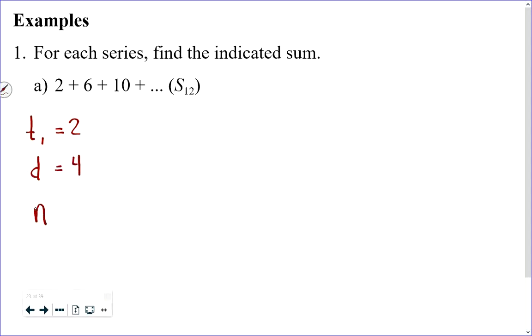And we know n is 12 because we're trying to add 12 terms together. So the question is this: could we use this formula, Sn equals n over 2 times t1 plus tn? Well, no. Not without finding the last term first.